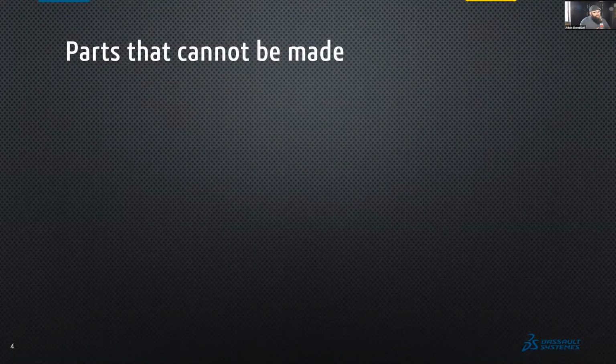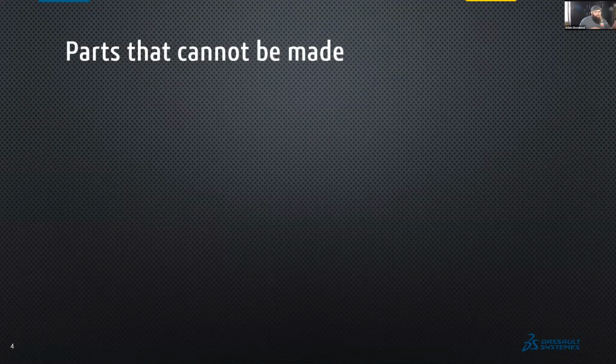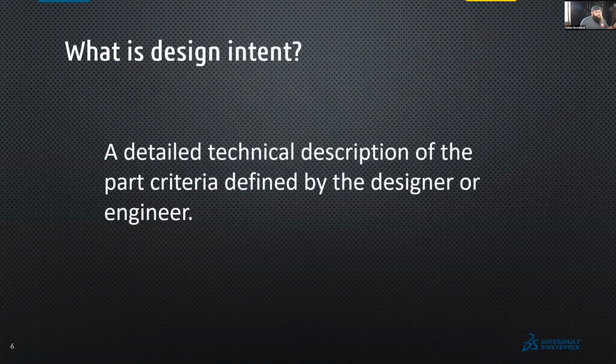It goes back to the design intent thing I was talking about yesterday, how to bake that into your parts themselves to show them. Now, if you've been working in the field for 20 years and you've got a machinist that you work back and forth with really well, some of this might be repeated. So we'll start with design intent. What is design intent?